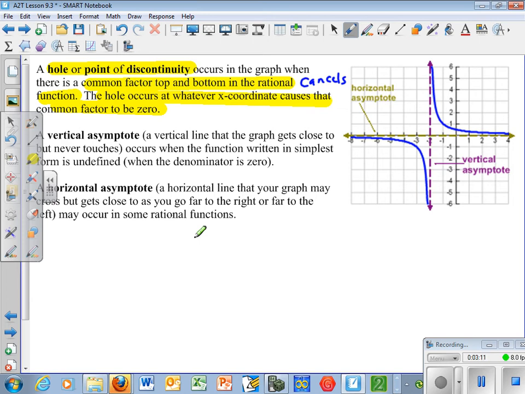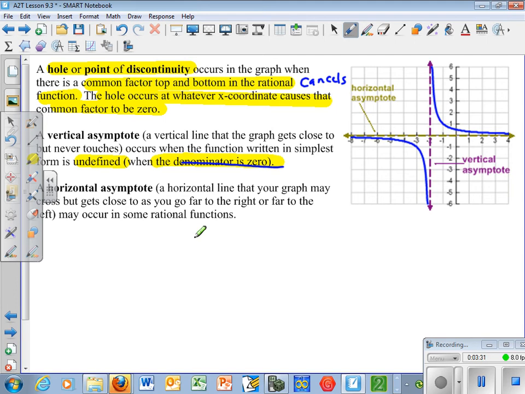A vertical asymptote is a vertical line that the graph gets close to but never touches. It occurs when the function is written in simplest form and is undefined, and that is right here when the denominator is equal to 0. What makes the denominator 0 when it's in simplest form? That's when a vertical asymptote is going to occur.